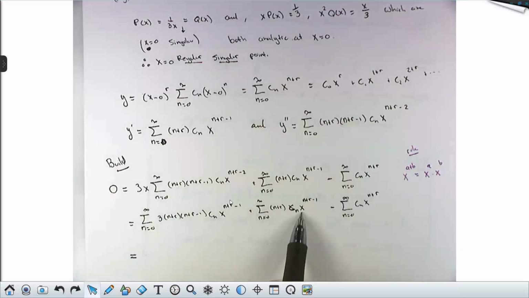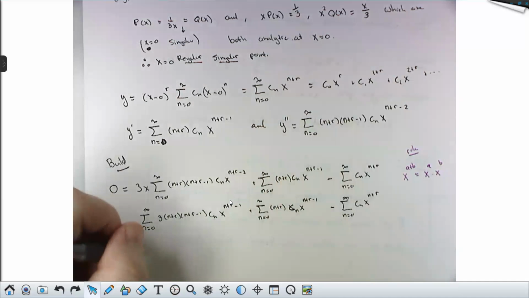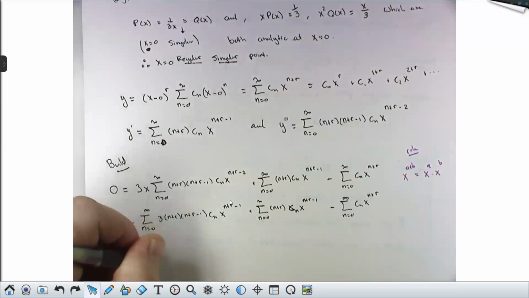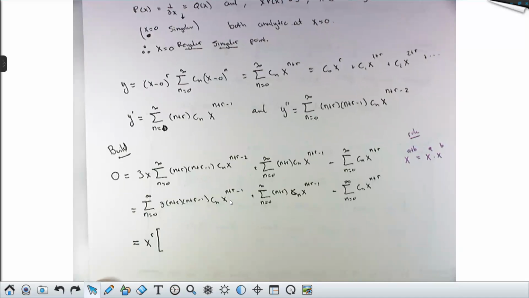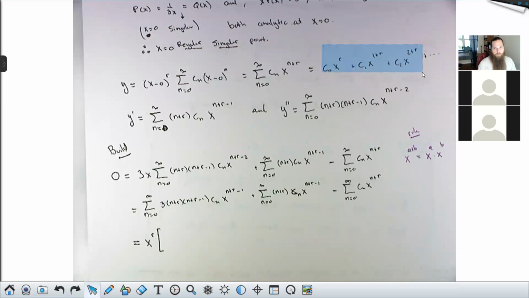This is also x to the r times x to the n minus 1. And this is x to the r times x to the n. Since x to the r doesn't have any n's in it, I can bring it all the way outside the series. All the way outside all 3 series. Each one of these kind of looks like this. Has x to the r plus stuff. I can factor an x to the r out of everything that looks like this. And that's what I'm going to do here.